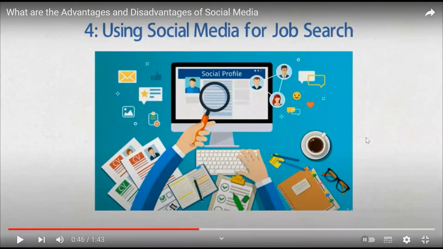You can see how digitalization has been used. Ikman.lk has become a very good search mechanism, not exactly a search engine, where people access information on vehicles, property and all. As well, you can use social media for job search.